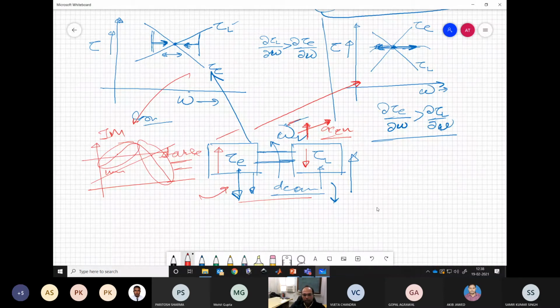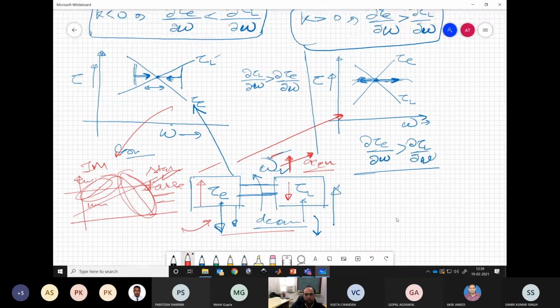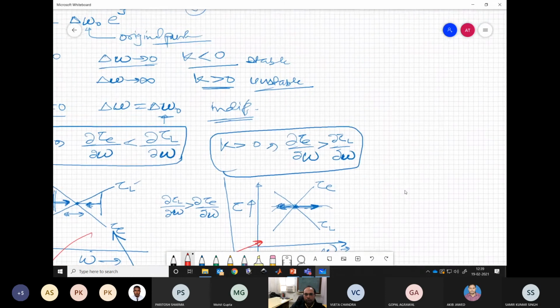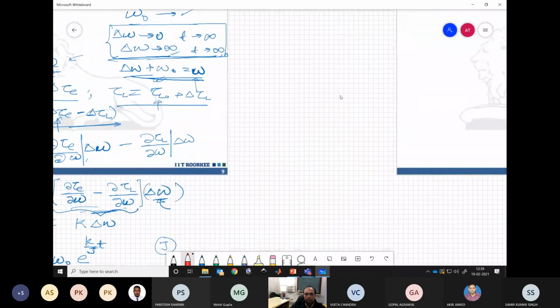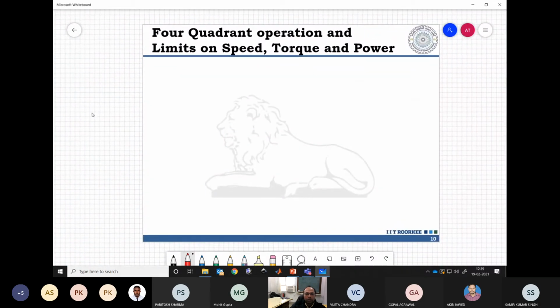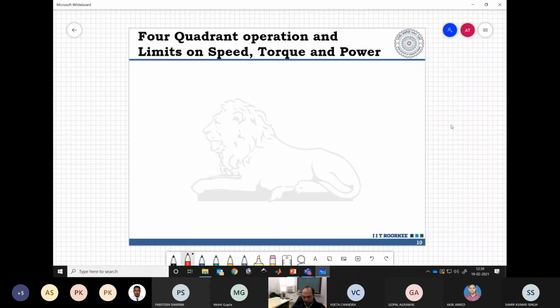You will clearly see that in this zone the system is stable, whereas in this zone it is unstable. It may either run away from that speed or it may collapse to zero. So this is the basic understanding we have got about our load, whether it is stable or unstable.